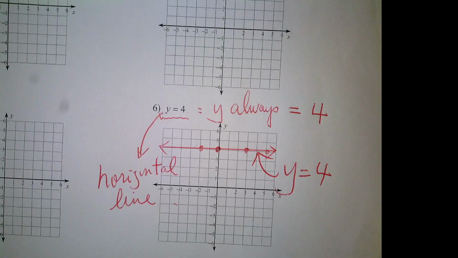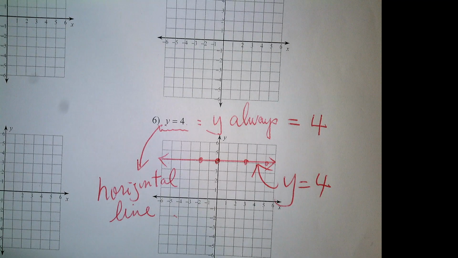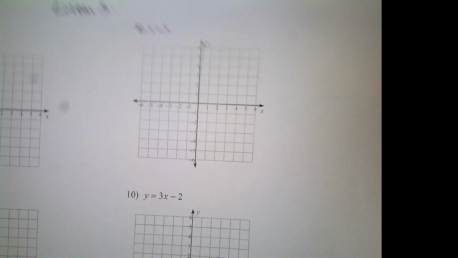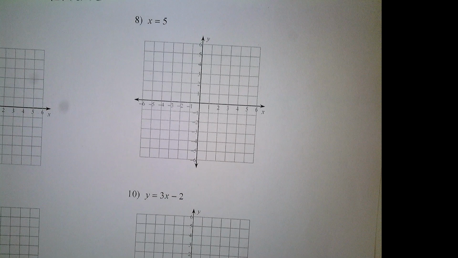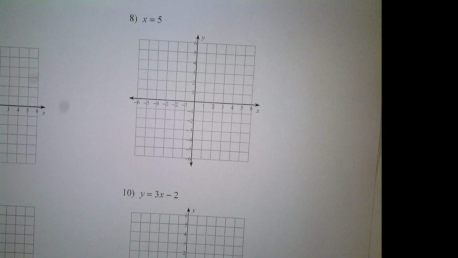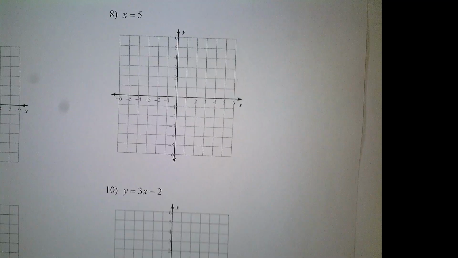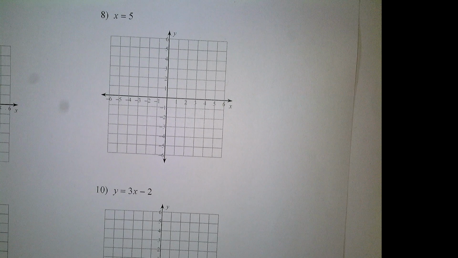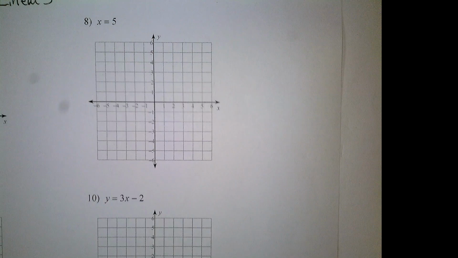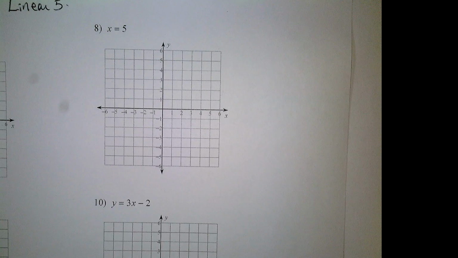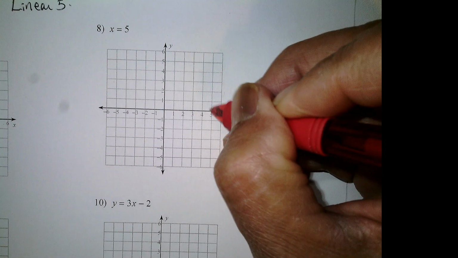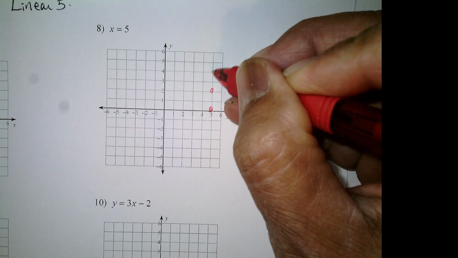The next special type of line is something to do with number 8. X always equal to 5. Number 8. This one. Second page. So you guys can follow. Okay. X equal to 5 is here, here, here.